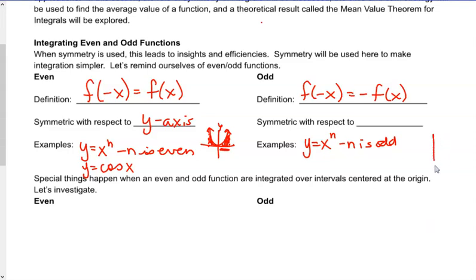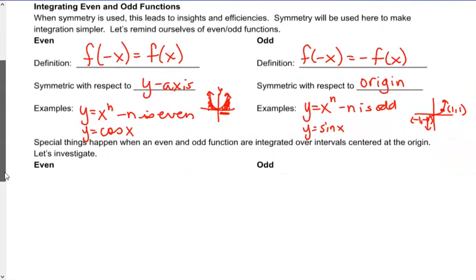They each take on this type of graph when you have an odd power of 3 or higher. It is symmetric over the origin. That means if I have the point (1, 1), then the opposite point (-1, -1) is also on the graph. For a trig function, sine is a common trig function that is actually odd as well.